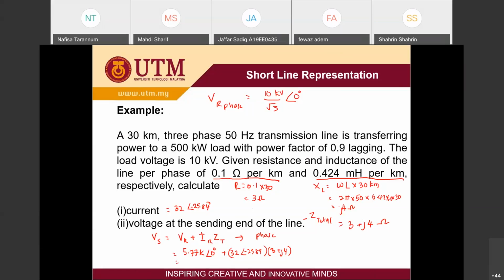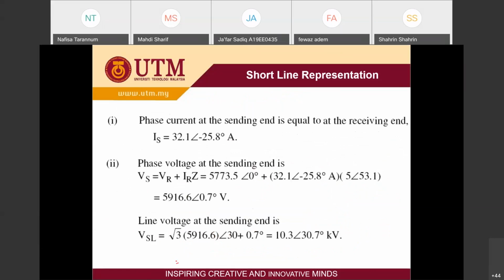I obtained 5.85 with an angle of negative 0.37. I don't know whether it is correct or not. Let's see the answer first. Maybe I did something wrong. The answer should be 5916.